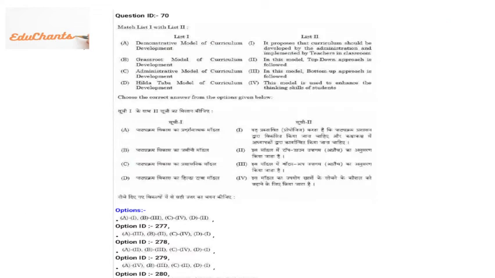Then matching: demonstrative model of curriculum development, grassroots model of curriculum development, administrative model of curriculum development, Hilda Taba model of curriculum development. I was going through your answer keys also. Many people have asked, and it is assigned as grace marks. People have got grace marks on this. Why?